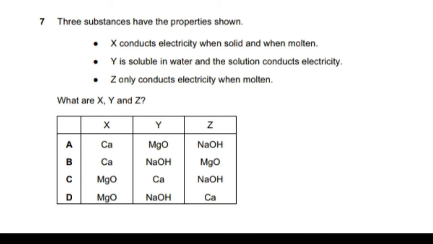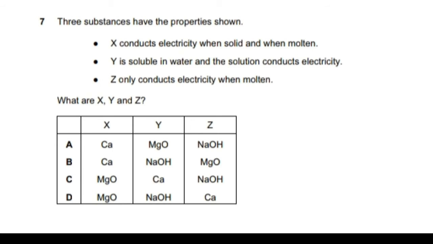Substance Y is soluble in water and the solution conducts electricity. What type of substance? Sodium hydroxide. Sodium hydroxide is an alkali, it is soluble in water, and the alkaline solution passes electricity.